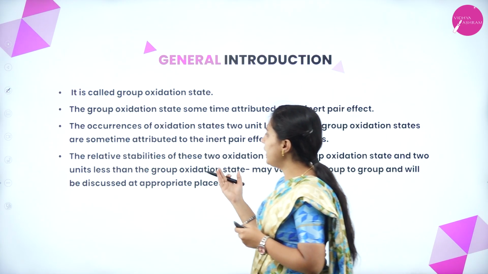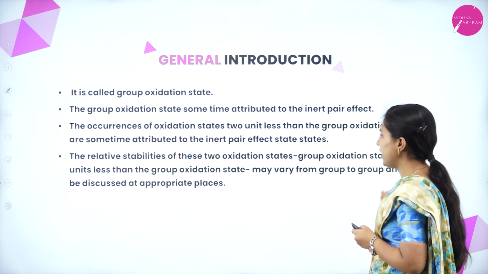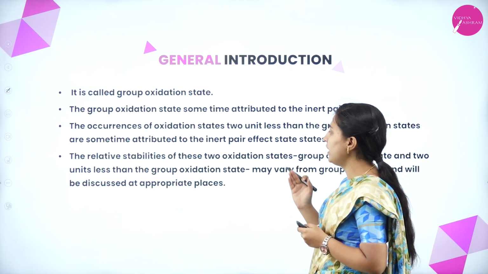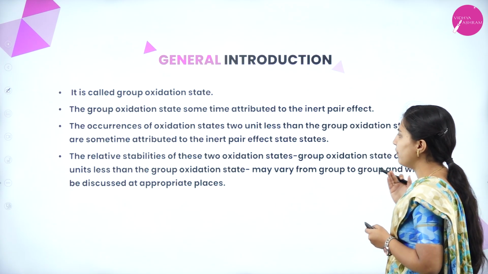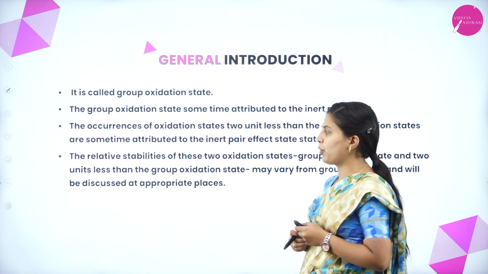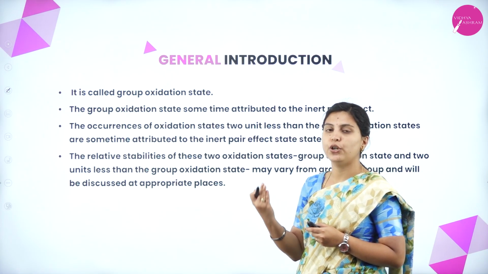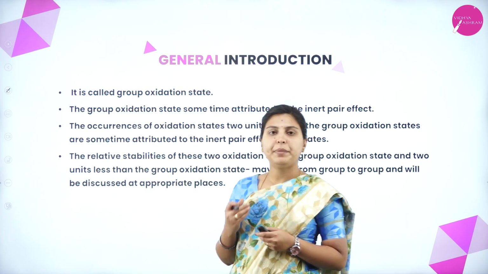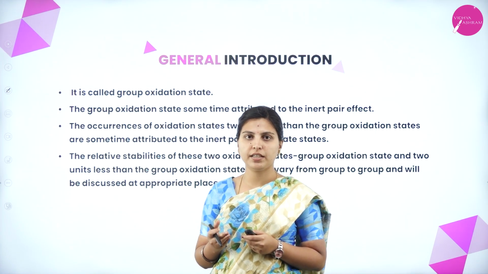The relative stabilities of these two oxidation states, that is the group oxidation state and two units less than the group oxidation state, may vary from group to group and will be discussed at appropriate places. So oxidation state is based on the group number, and p block elements will also show variable oxidation states.